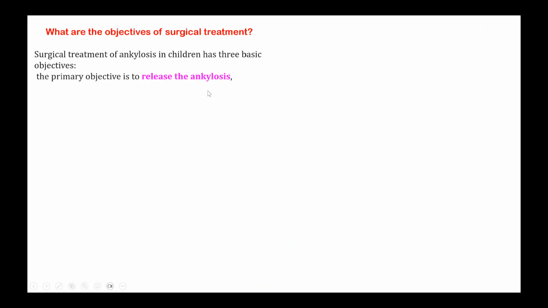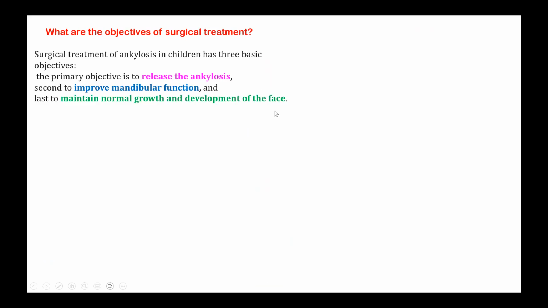Now the objectives of surgical treatment: the main thing is to release the ankylosis so that mouth opening can be adequate, improve mandibular function, and maintain normal growth and development of the face. Otherwise, the face will be disfigured. So these are the three important aims of the surgery.